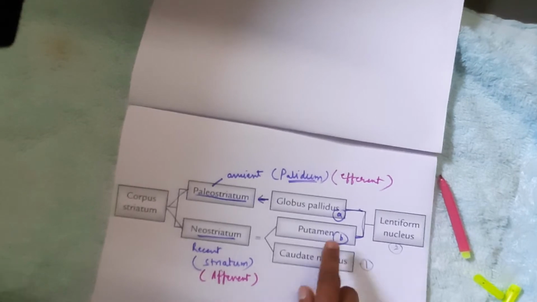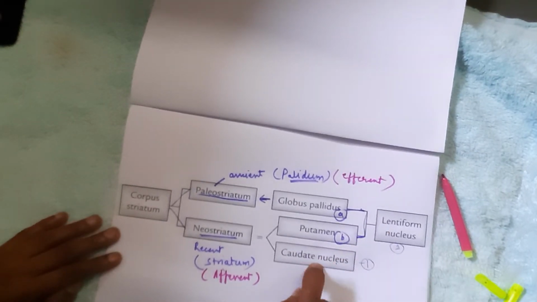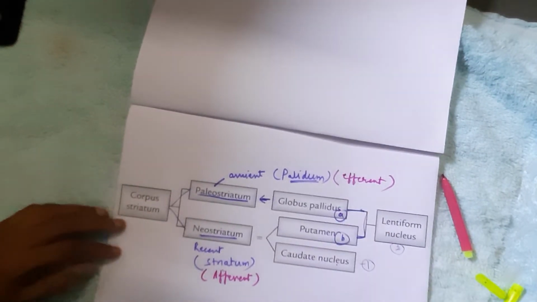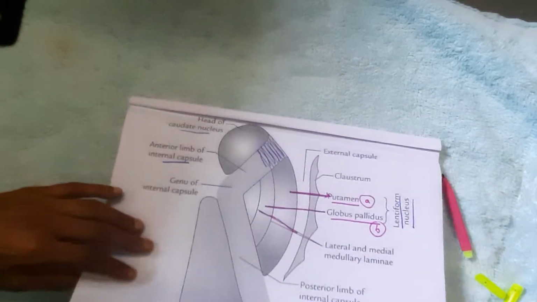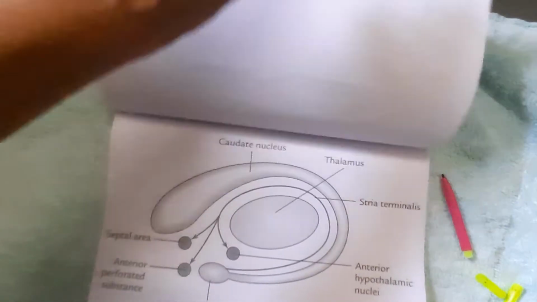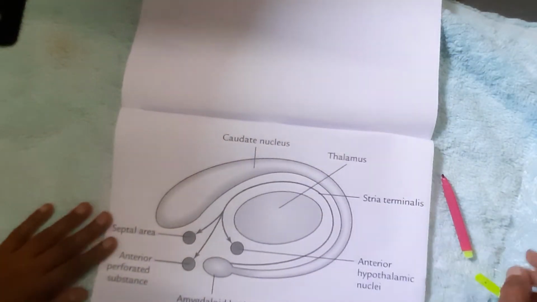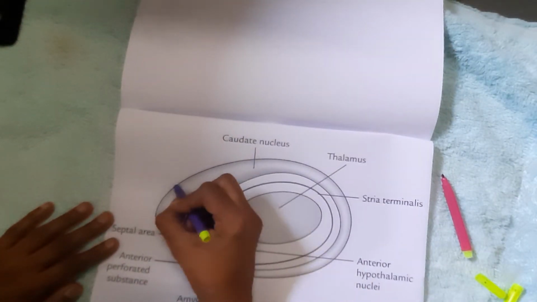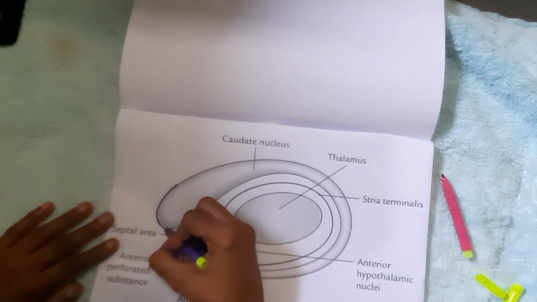Now we discuss one by one caudate nucleus, globus pallidus and putamen. We discuss separately one by one. So first we discuss the caudate nucleus. This complete is the caudate nucleus.